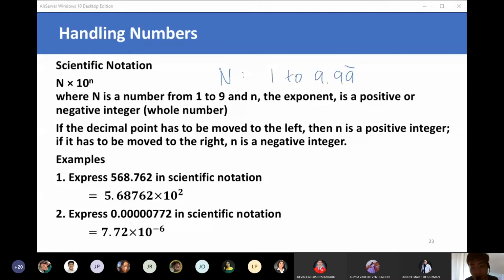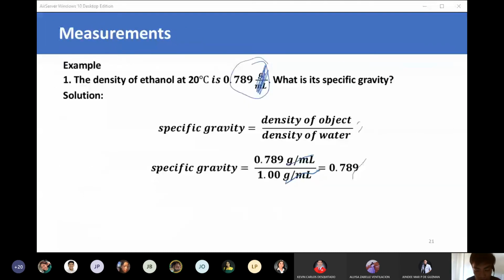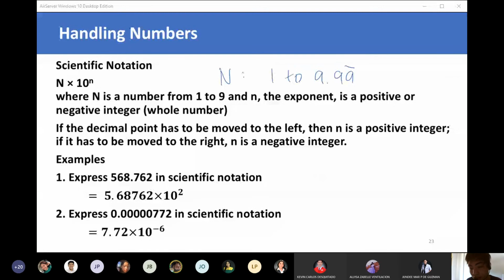So that means 0.99 is not good. Okay. So pag ganun, you have to move the decimal place again. So again, that's the first criteria that you have to keep in mind. For the front number or the integer number, the value of n should be only between 1 to 9.999.